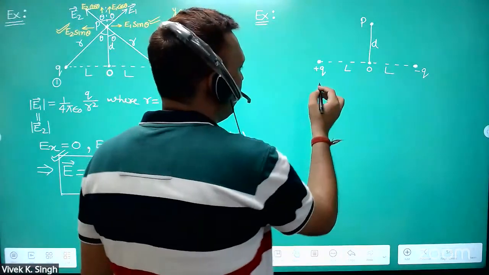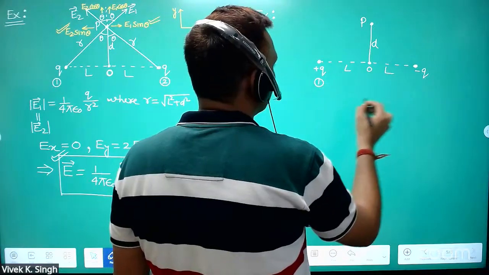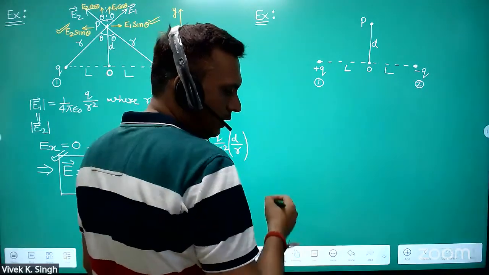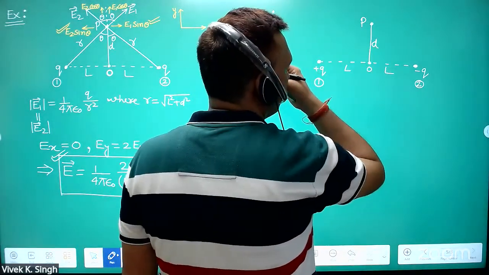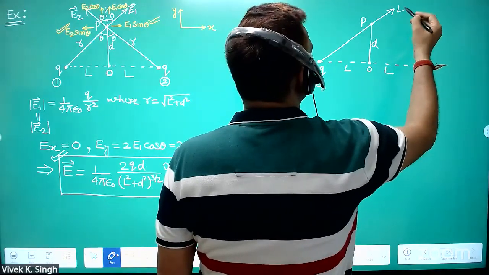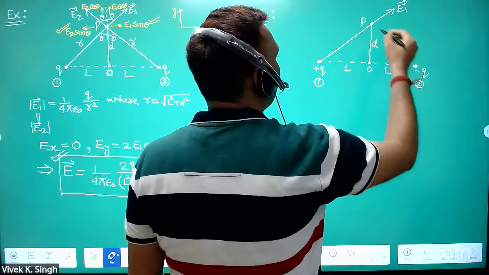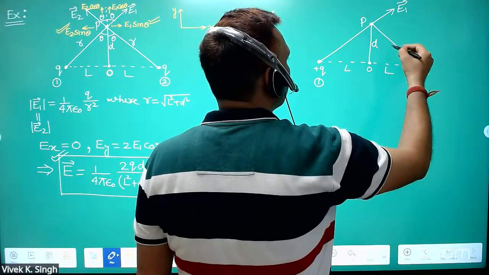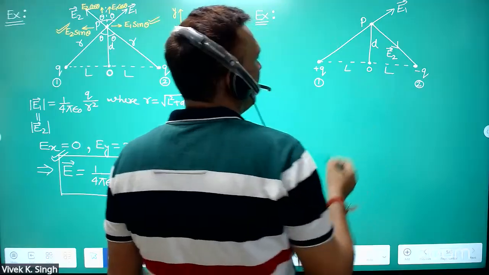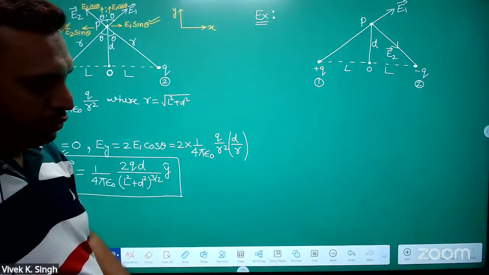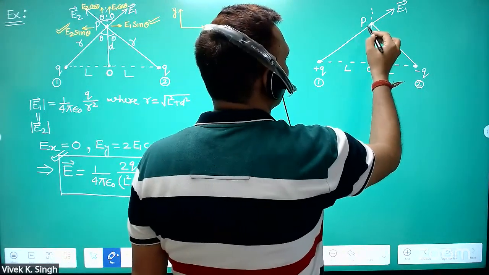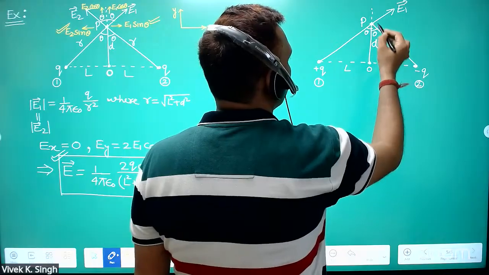So again we have to find, let's see, this is a positive charge, so this will be field E1. This is a negative charge, so this will be E2. E2 will be towards the minus Q charge. This angle is theta, this is also theta.